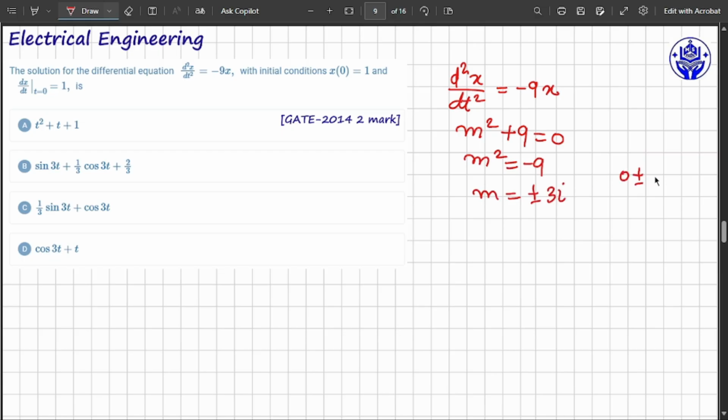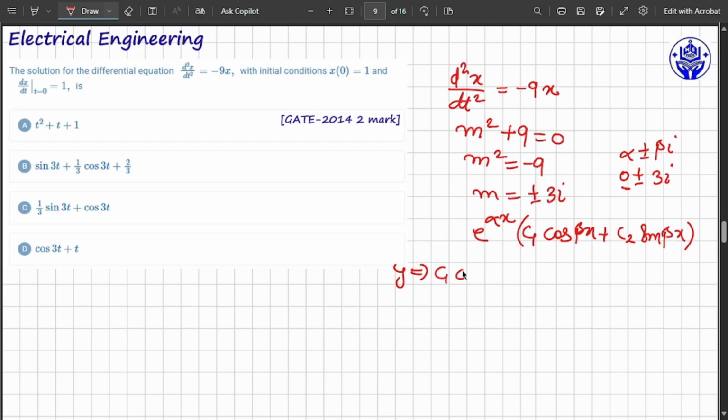It is nothing but 0 plus minus 3 iota, which is alpha plus minus beta iota. The solution is e to the power of alpha x times C1 cos of beta x plus C2 sine of beta x. Now alpha is 0. So y is equals to C1 cos of 3t plus C2 sine of 3t.